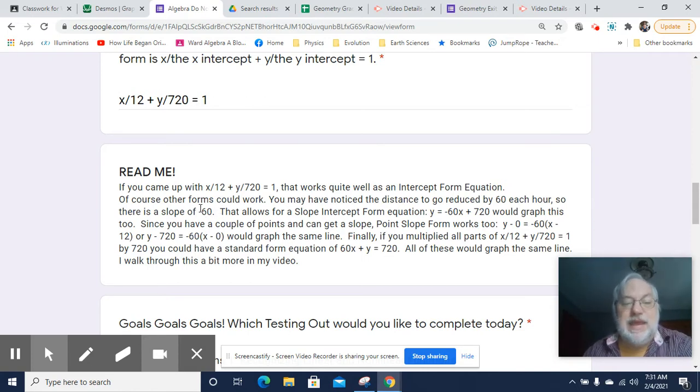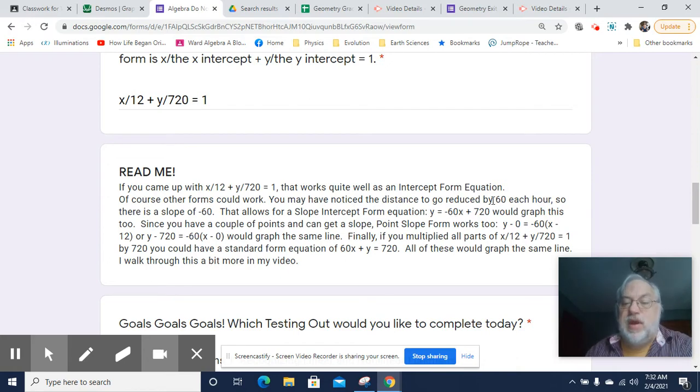So in the context of the points that we've been given, we would treat that as a negative 60 rate. Though I imagine you could probably have set it up differently so it's positive 60. But that does allow us to create a slope-intercept form equation of y equals negative 60x plus 720.